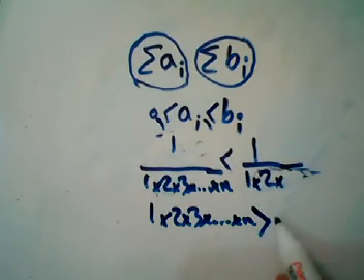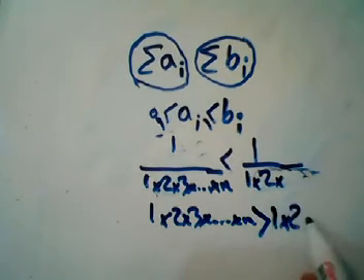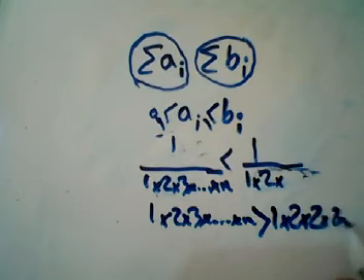Okay, it is greater than or equal to 1 times 2 times again 2, again 2, till n itself, replaced by 2.